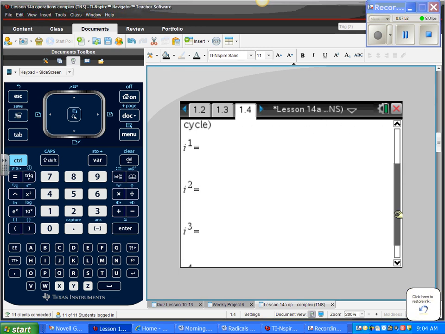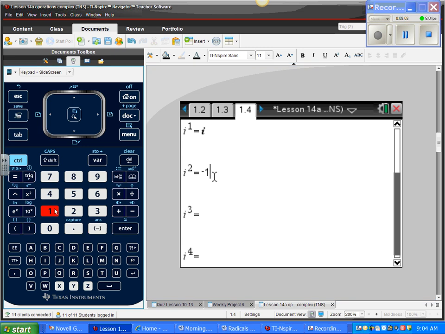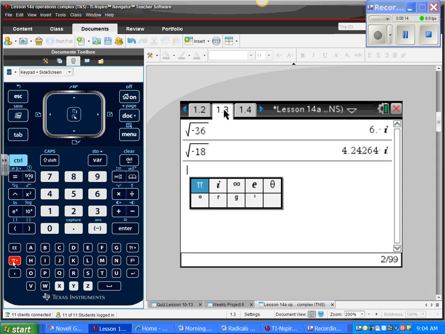i to the first power is, that should be easy, i. i squared is negative 1. i cubed, how can we find out? Let's go back to my calculator page and throw in i cubed.